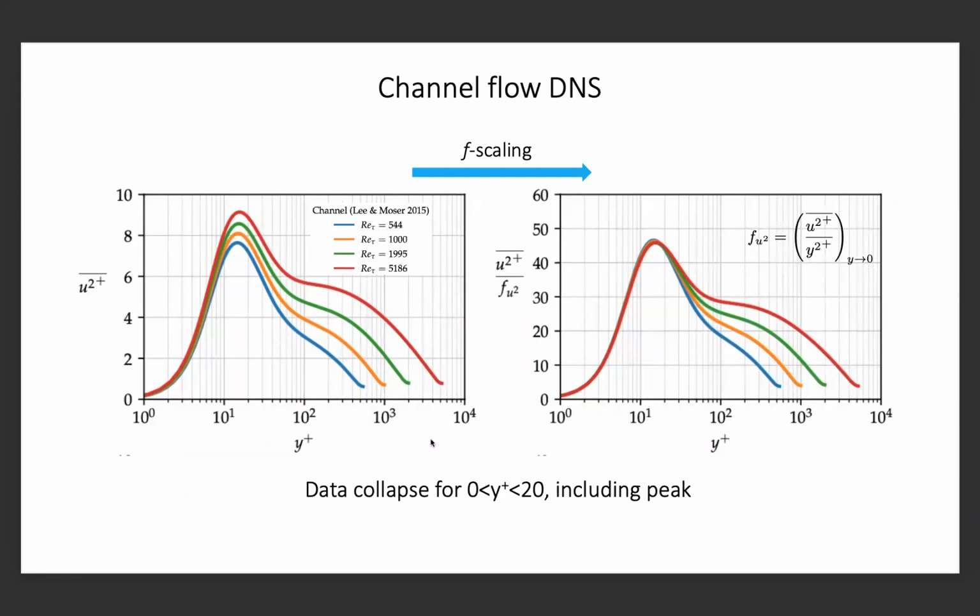And that includes the peak that we've been observing. So there's a connection between the behavior at the wall, where fu squared was evaluated, and this region, certainly up to a y plus of 20. It's all scaling in the same way. So that's telling us something.